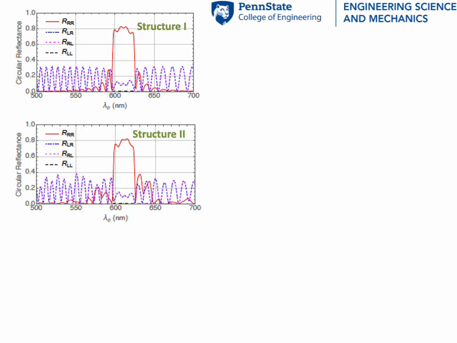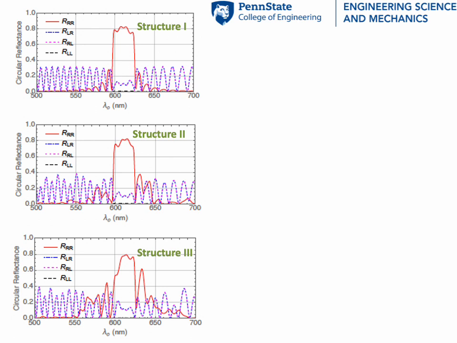Now, structure 2 has weak disorder in the permittivity tensor turn by turn. The mesa in R sub RR is still there, almost unchanged. And R sub LL remains negligible when there is a mesa in R sub RR. There is even more disorder in the permittivity tensor in structure 3. The mesa in R sub RR is a bit more disfigured, but it still towers over all other features.